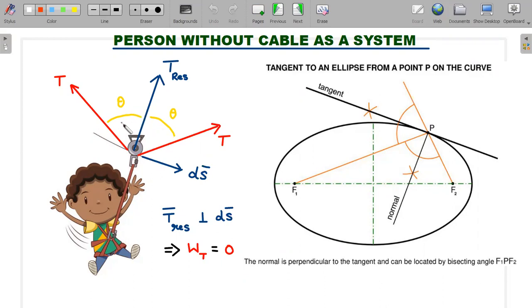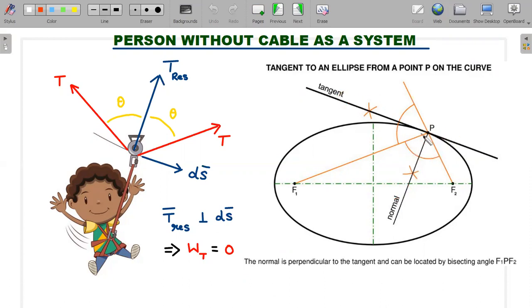Okay, so with these two tensions being equal and T resultant acting this way, I have to prove that the displacement vector of this person as he moves and the T resultant are perpendicular to each other, which comes from another basic result of ellipse that you maths people would be really loving: the focal chords drawn from any point, or the line joining the point to the foci, the normal will be the angular bisector to those.